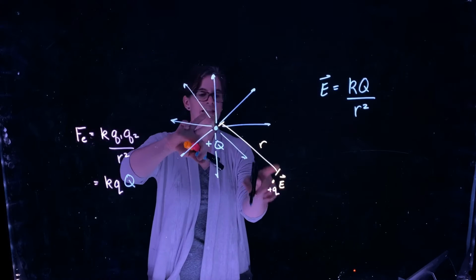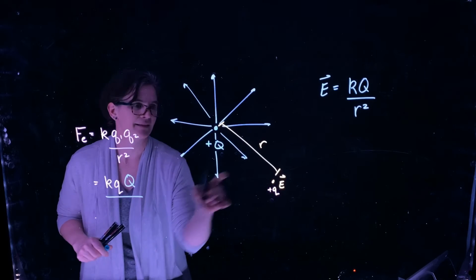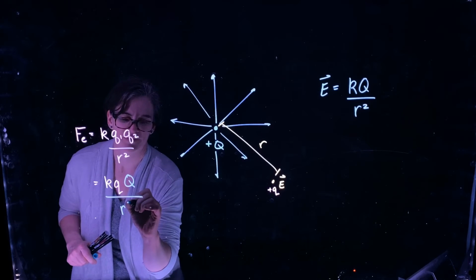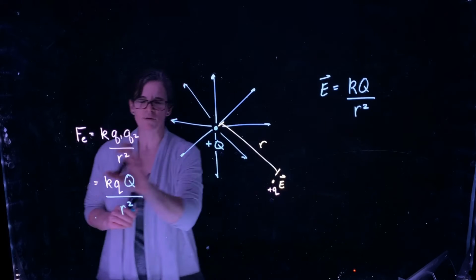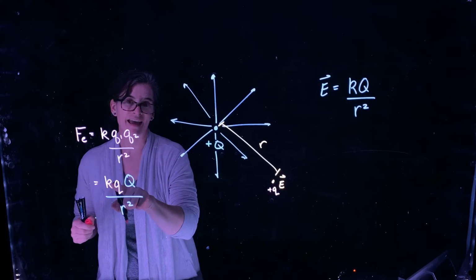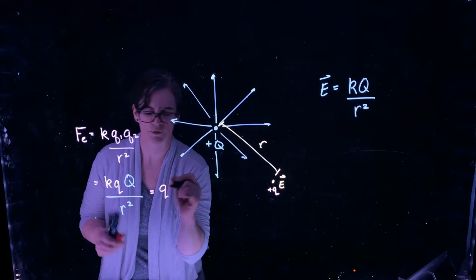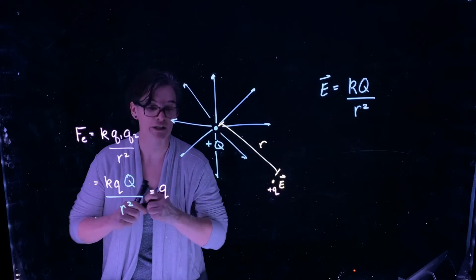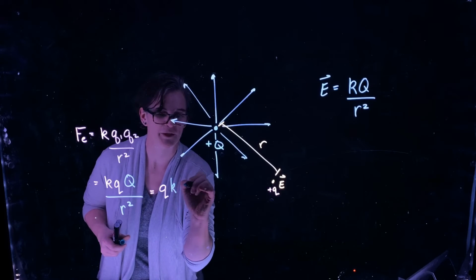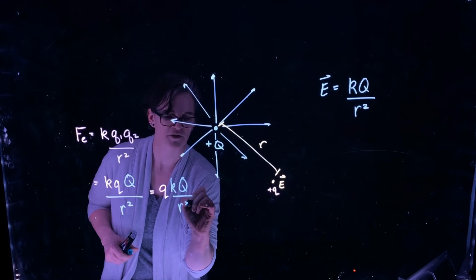The radius is the distance between those 2 point charges, radius squared. Now if I do a little rearranging of this equation and move my k inside this Q, I end up with q times kQ over R squared.